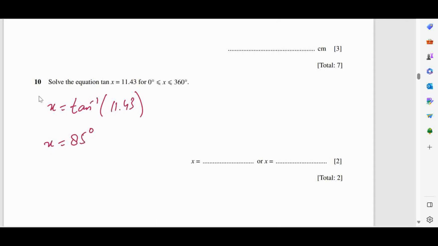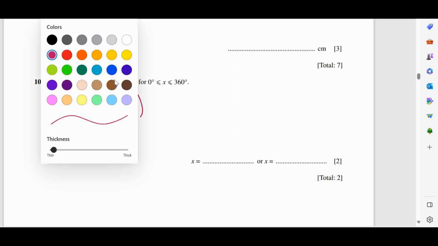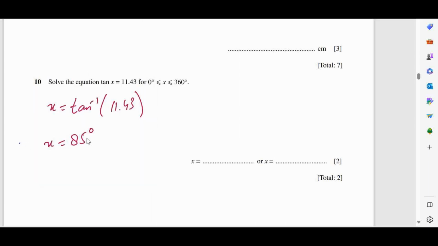Now keep this in your mind that this is a reference angle. So after this we have to do the CAST practice. In this quadrant all trigonometric functions will be positive in the first quadrant, sine is positive in the second one, tan is positive in the third one.